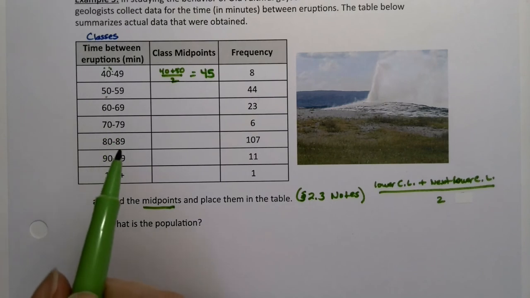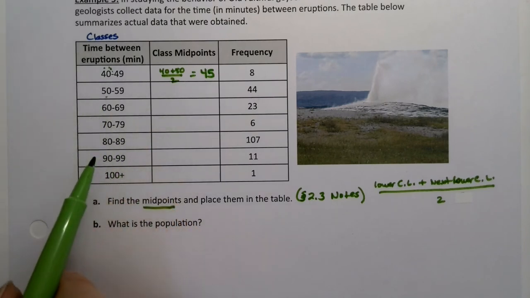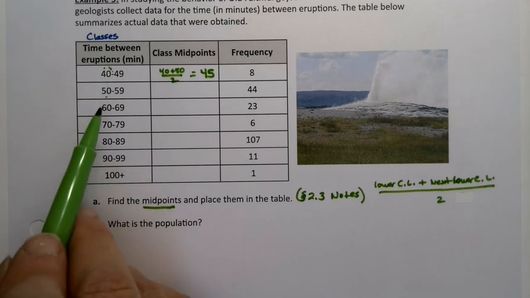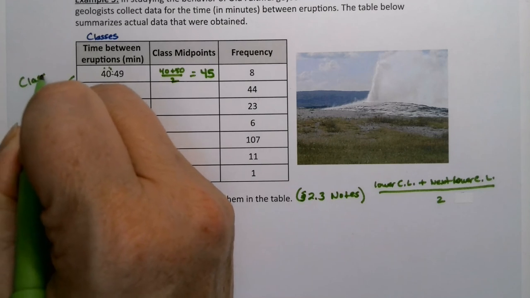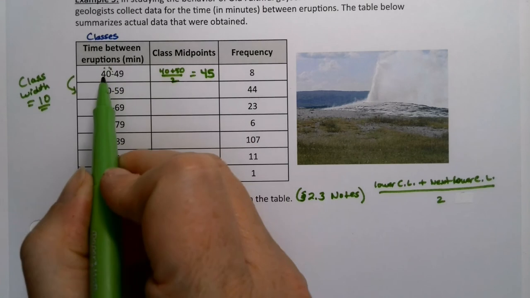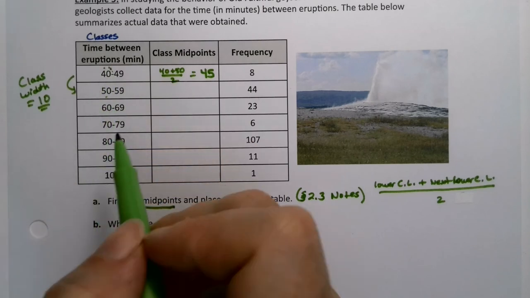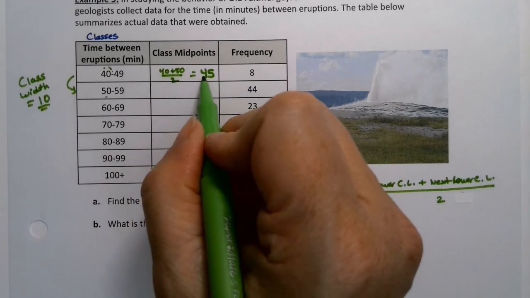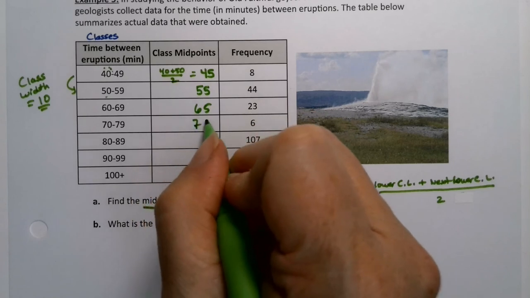And then you can use the class width to find the rest of them. You can see that we have a consistent width in this table that's 10. So we can just add 10. So class width is 10, 10, 10, 10. Adding 10 gets you all the next numbers. So I can just add 10 here: 45 to 55, 55 plus 10 is 65, and so on.